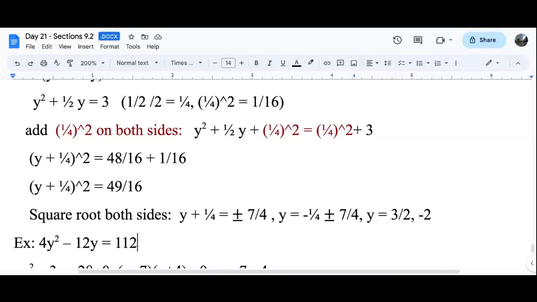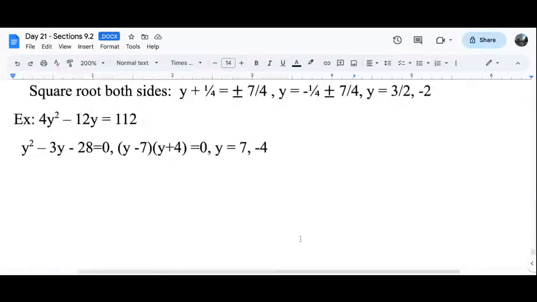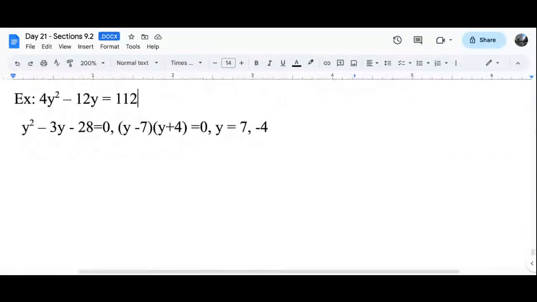Any questions for this one? Okay, let's see next example. So I have a 4 here.